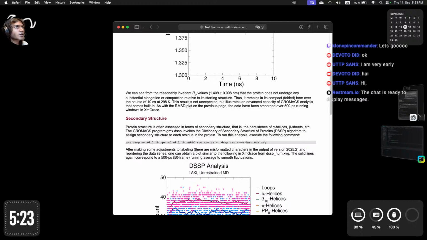This result is not unexpected but illustrates an advanced capacity of GROMACS analysis that comes built in. As with the RMSD plot on the previous page, the data have not been smoothed over 500 picosecond running windows in XMGrace. Okay, whatever that is.